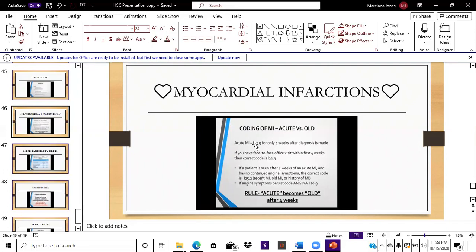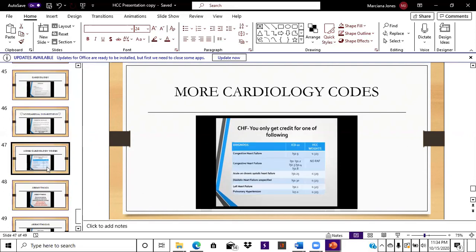If the patient is seen after 4 weeks of an acute MI and has no continued anginal symptoms, the correct code is going to be I25.2: recent MI, old MI, or history of MI. If angina or angina symptoms persist, code I20.9. Acute becomes old after 4 weeks. Remember that. Acute becomes old after 4 weeks.